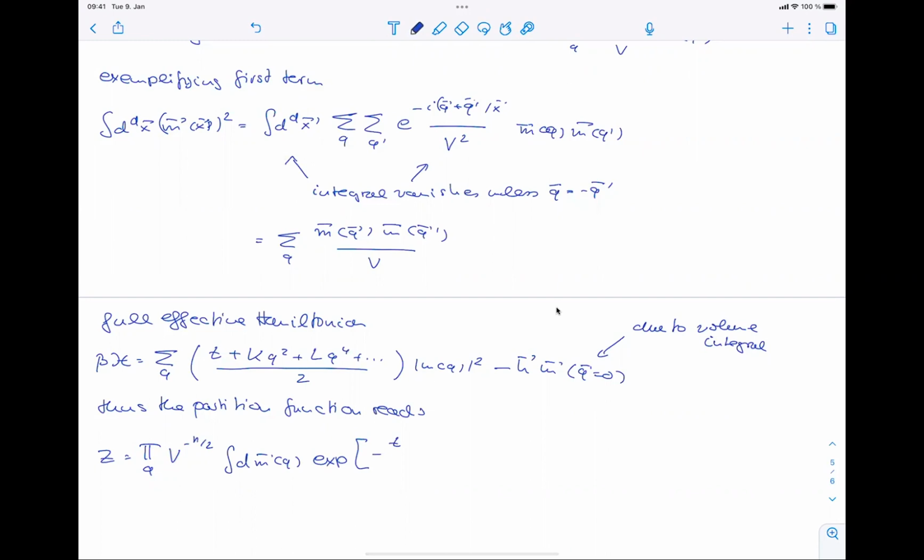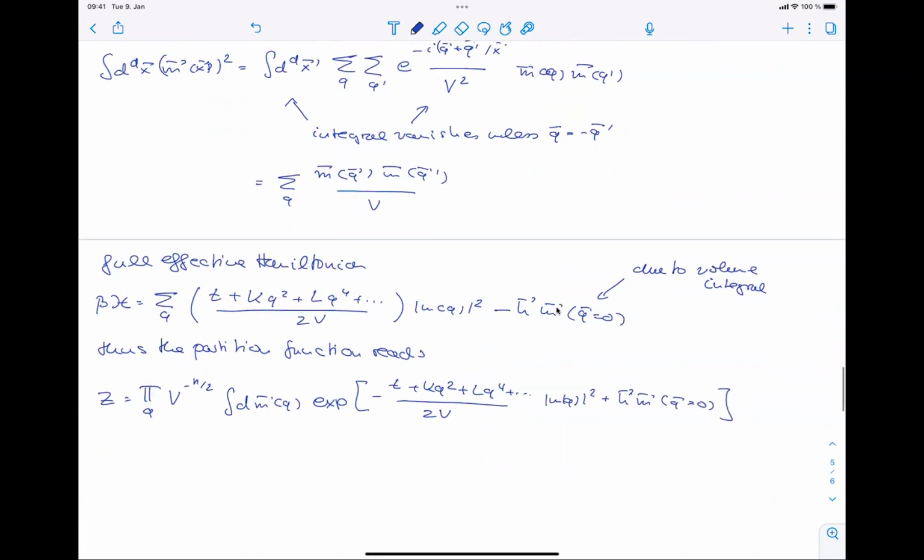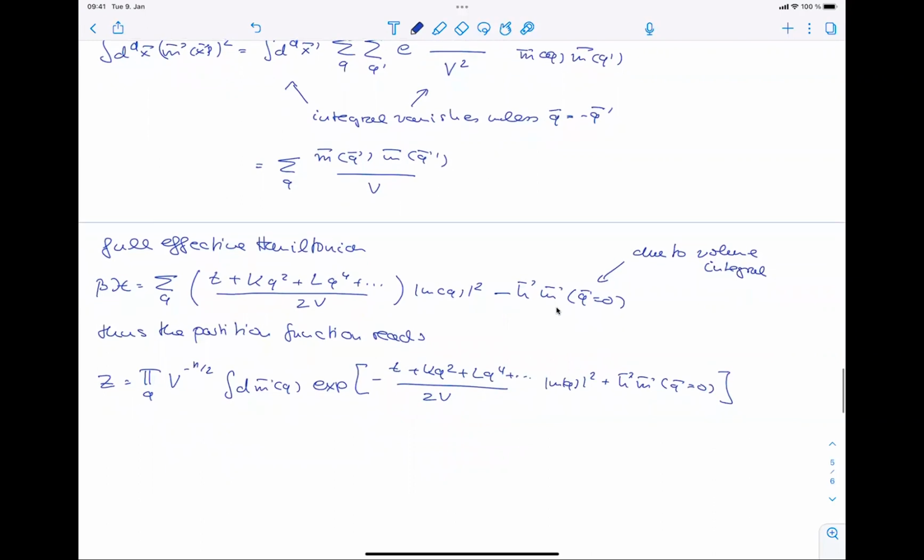Yeah, because I've moved it out of the exponential. Sorry, and I'm writing down here. So now we want to solve this integral by integrating out all the modes.